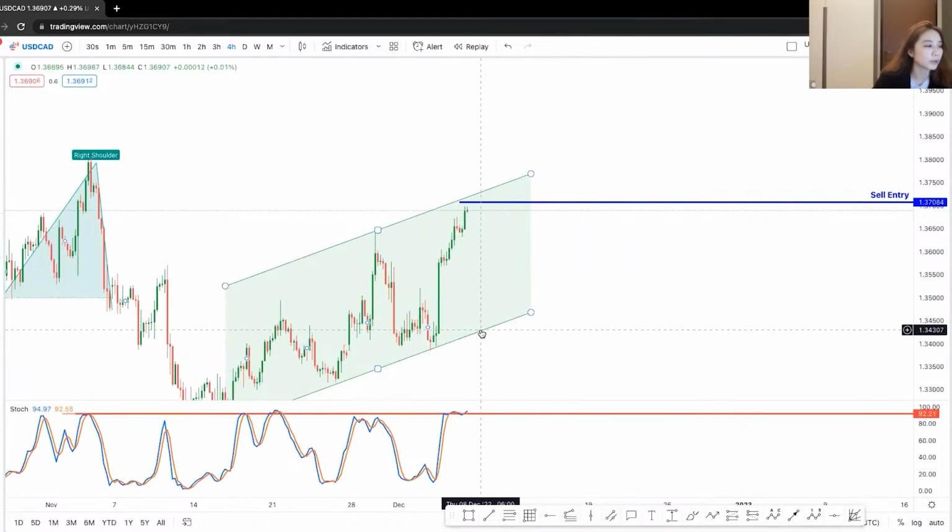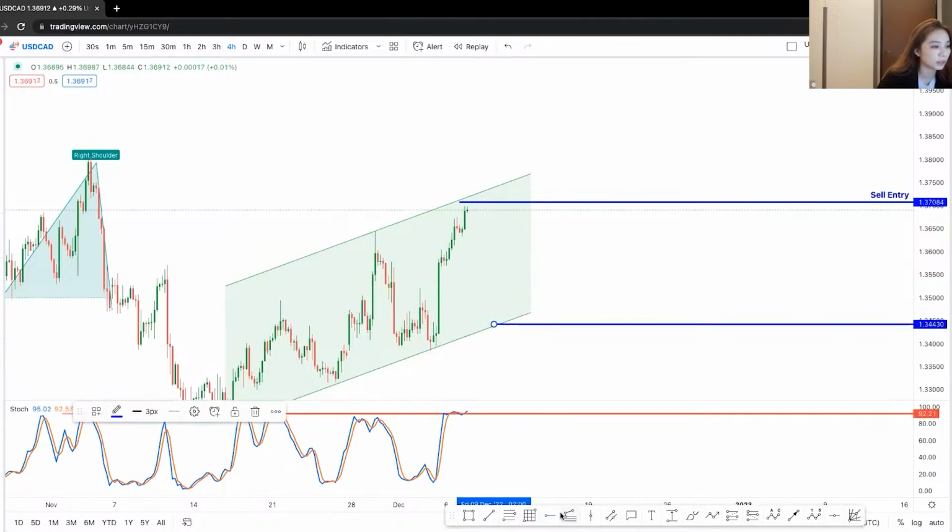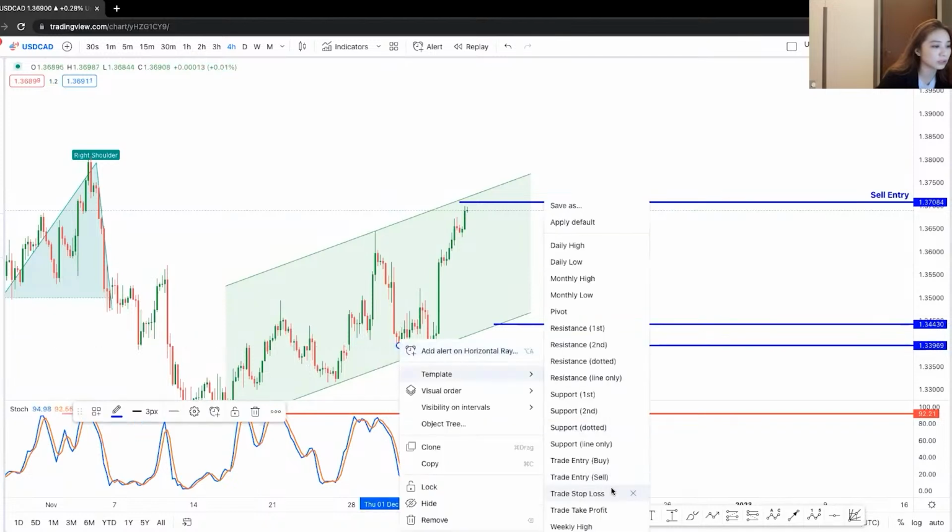I would still want to keep my take profit within the channel. So I would put it slightly above and on the dot of the support, the resistance of the channel, and my stop loss just right below the support as well.